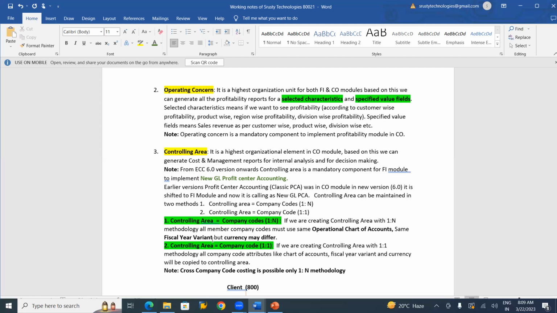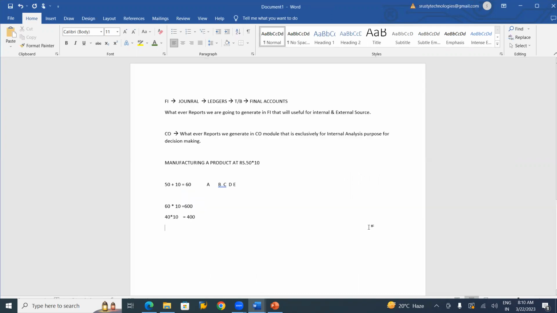If you are creating a controlling area with 1:n methodology, it means one controlling area can be used for all the member company codes, any number of company codes. For example, I'm taking Birla as my company.